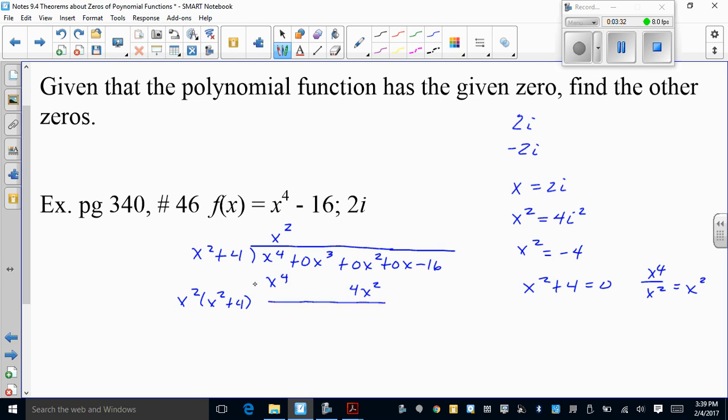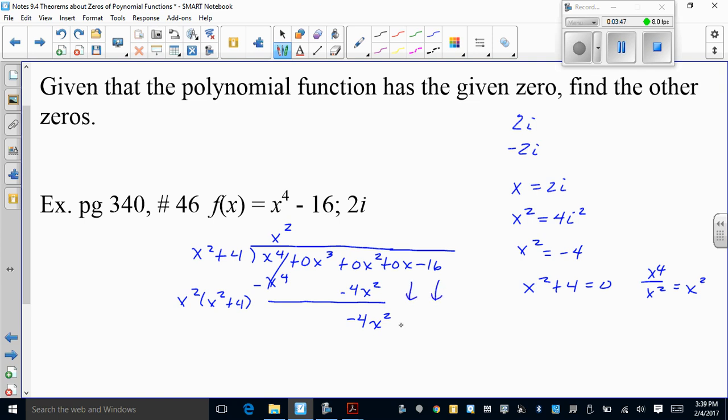Subtract here, those disappear. That's 0, so I don't have to worry about it. Subtract here, I get negative 4x squared. And I'm going to bring both of these guys down.